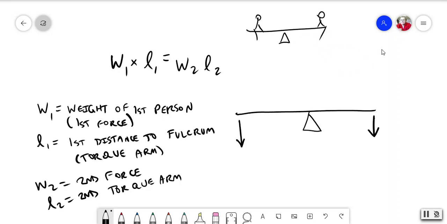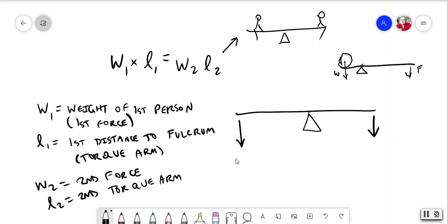But you don't have to think of it that way. If you think of a lever, and here's an object like a rock that I'm trying to lift, the force would be the rock's weight, and the force of me pulling down on that lever is the force of me pulling on it. So you could use F for the weights here, but we're using the seesaw example.